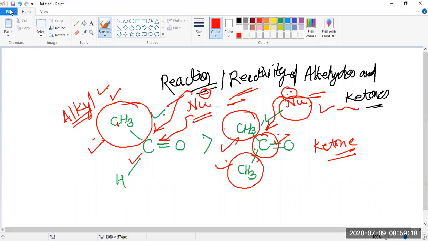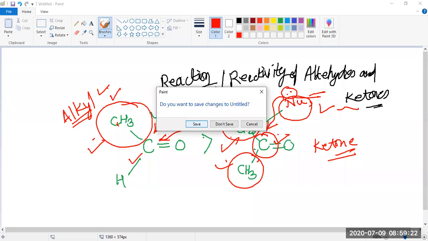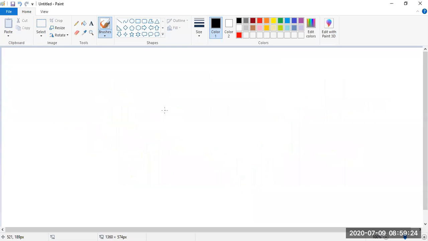Now we are going to discuss the second point which affects the reactivity of aldehyde and ketone. The second point is the electronic effect. So what is the electronic effect?